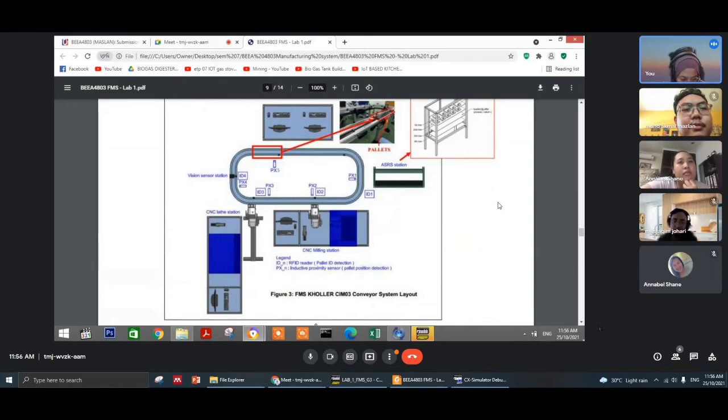Next, the CNC milling station. Once the jig from PX1 arrives at PX2, where there is a stopper at the CNC milling, this will stop the jig and the inductive proximity sensor PX2 will detect the jig. This will turn on the robot at the CNC milling station to pick up the nylon block and put it inside the milling machine.